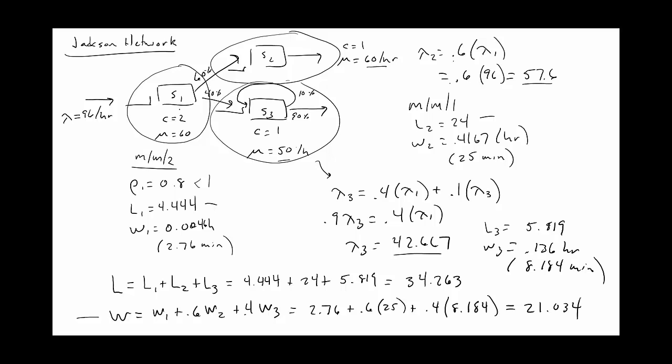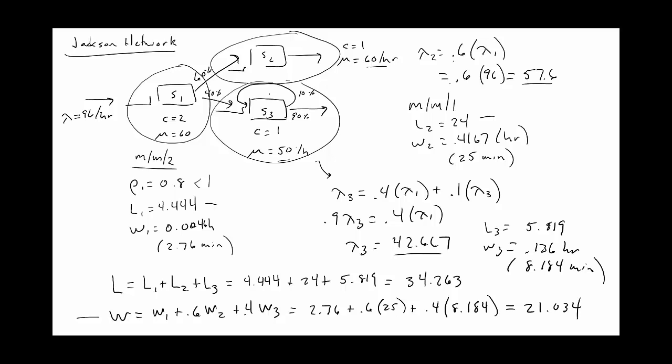And what that does is it ensures if I have exponential arrivals, if we consider S1 for example, if I have exponential inter-arrival times and I have exponential service times, then the departure process will also be exponential.